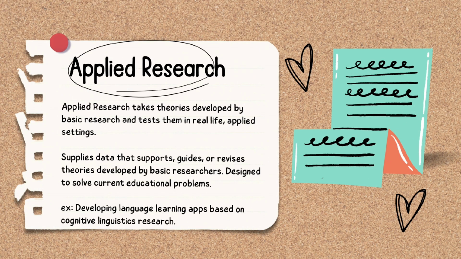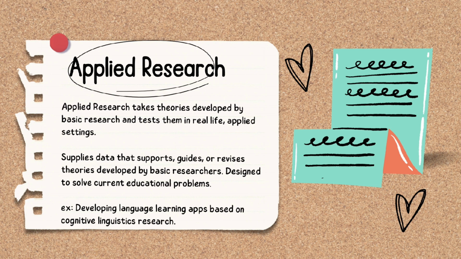The second function of educational research is applied research. Applied research takes theories developed by basic research and tests them in real-life, applied settings. It supplies data that supports, guides, or revises theories developed by basic researchers, designed to solve current educational problems.